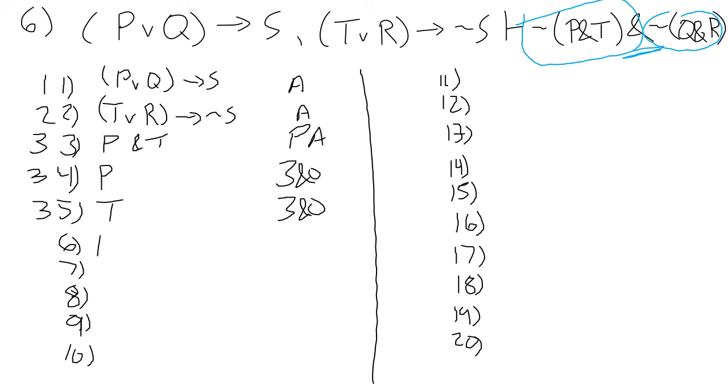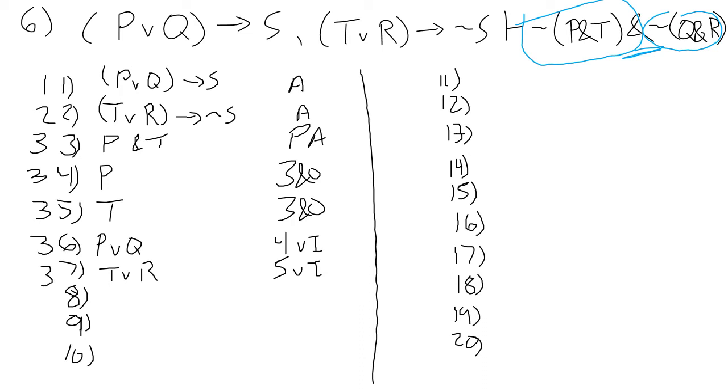So I'll wedge in Q to P. And I'm going to wedge in R to T. It's going to be 5. Wedge in.